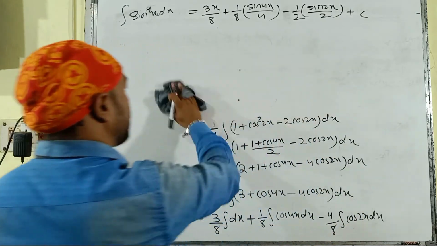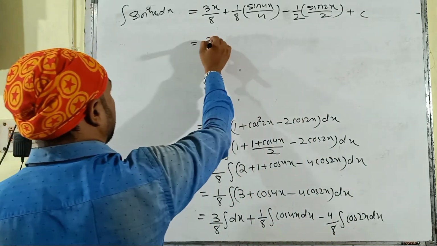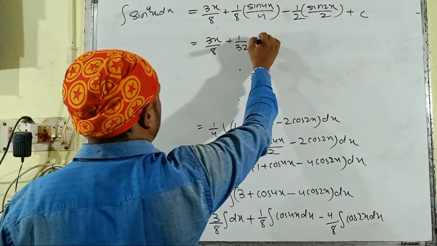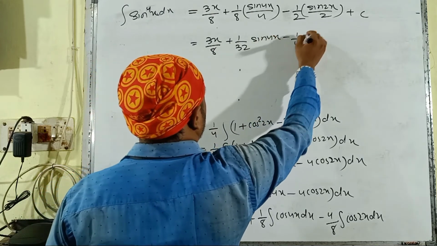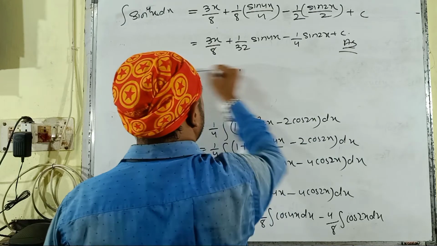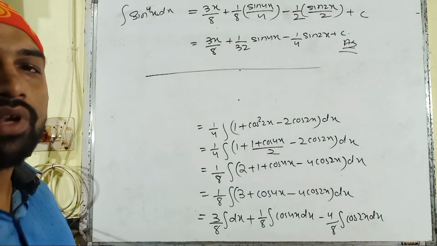Then simplifying, we have 3x upon 8 plus 1 upon 32 sine 4x minus 1 upon 4 sine 2x plus any constant c, and this is the answer for the given problem.